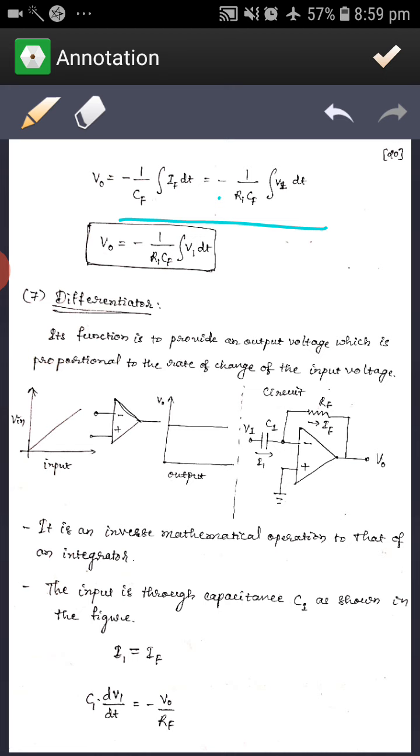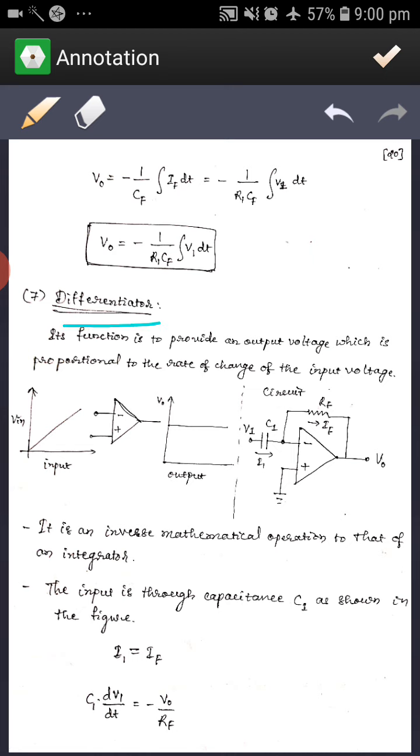We know that IF is equal to V1 by R1, so if we replace IF, V0 is equal to minus 1 by R1 CF times the integration of the input voltage V1. So this is acting as an integrator.